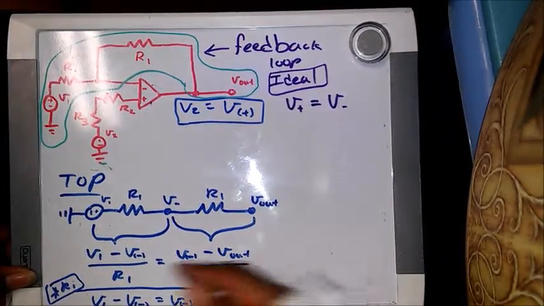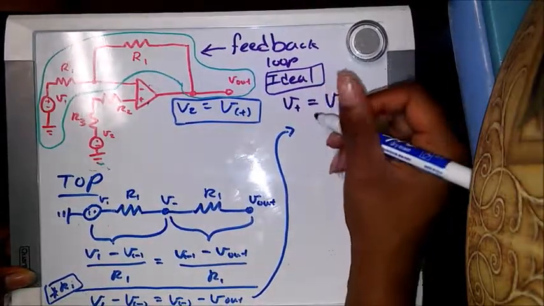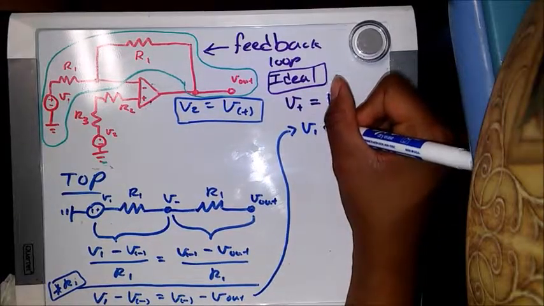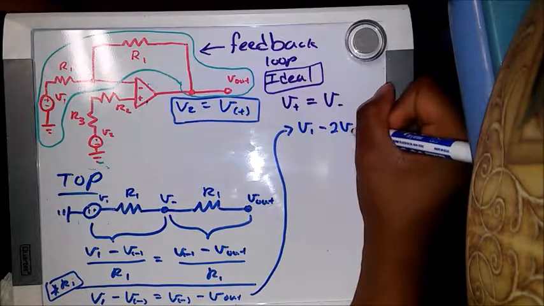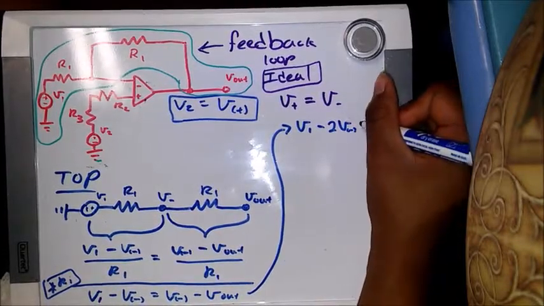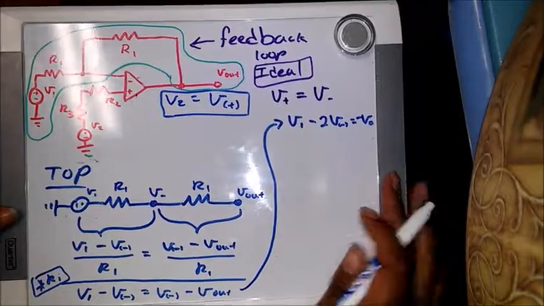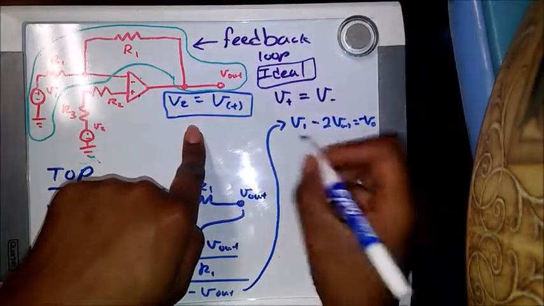That's not a fraction, don't get it mixed up. Take that up here, and I'm going to move this term over to this side. So I'm going to have V1 minus 2V minus equals negative V out. I'm going to just leave it as that for now. From there, we're going to take this and plug it back in.